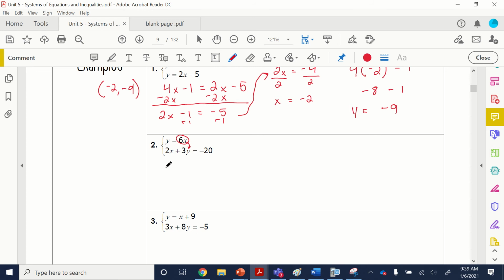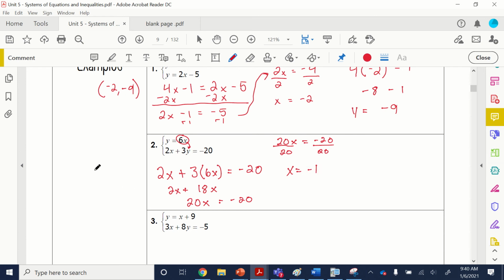So if I did that, I would have 2x plus 3 times 6x equals negative 20. 3 times 6x is 18x. 2x plus 18x is 20x equals negative 20. If I divide by 20, x equals negative 1. So my solution, x value is going to be negative 1.